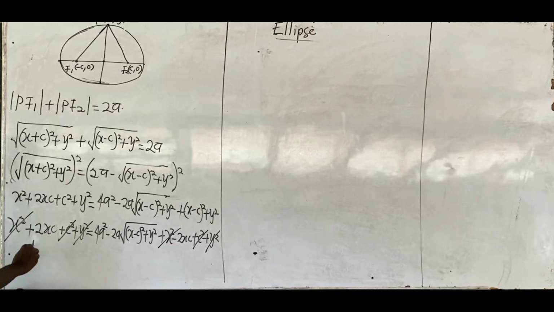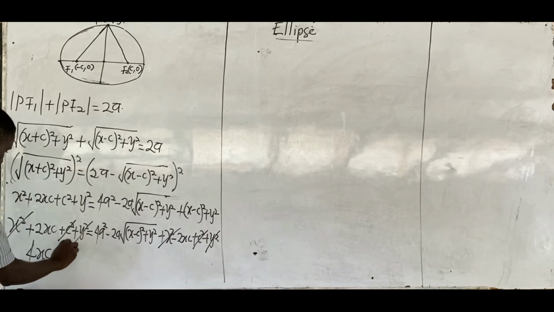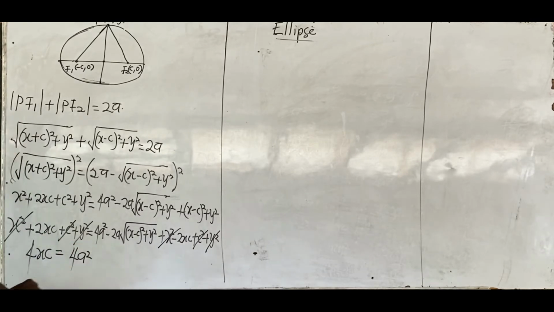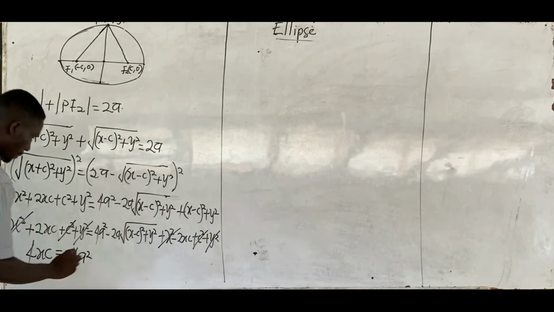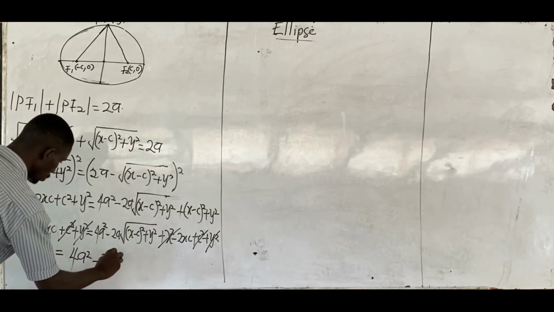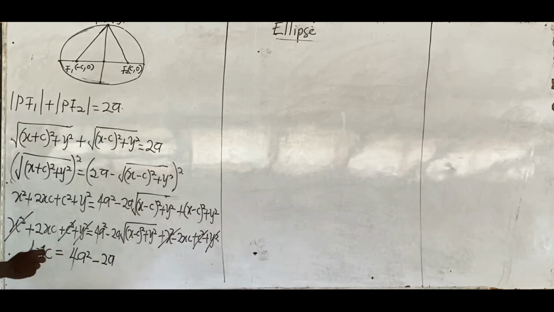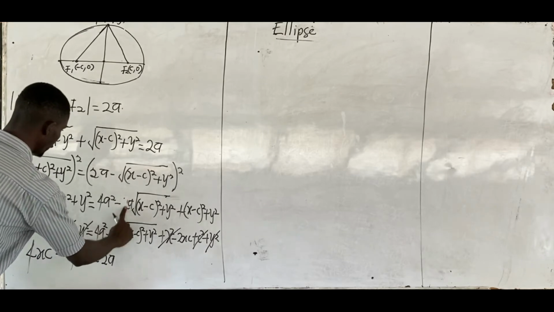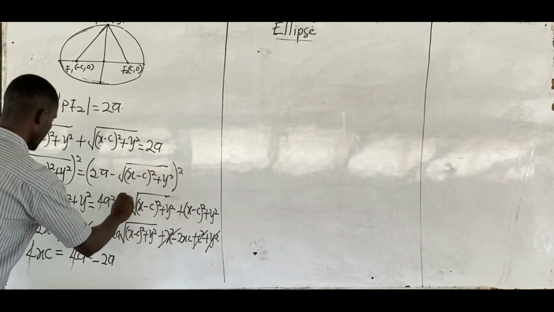We get 4xc is equal to 4a squared, minus 2a, this here should give me 4a.